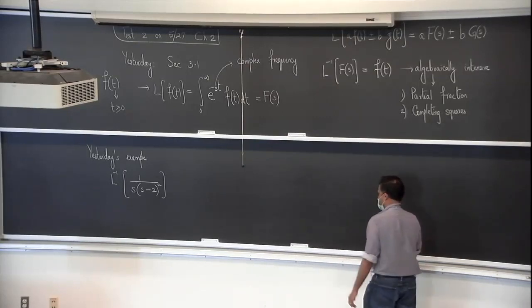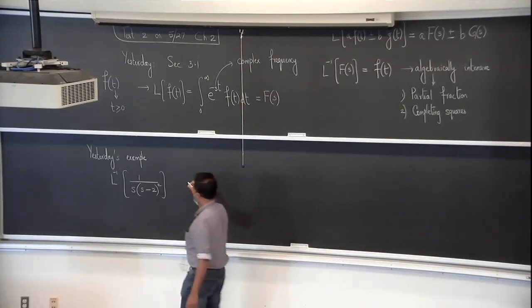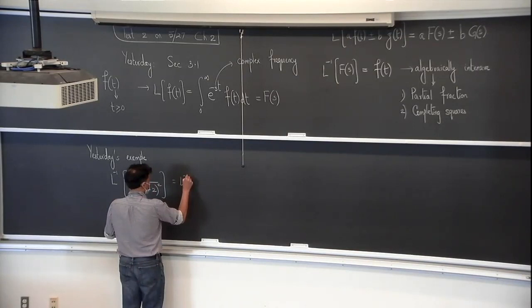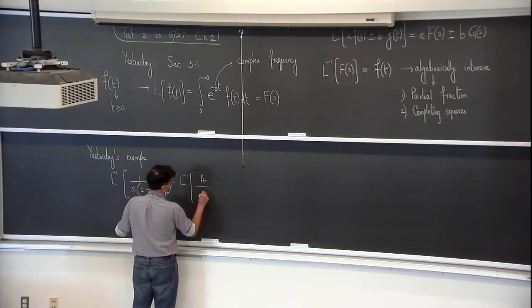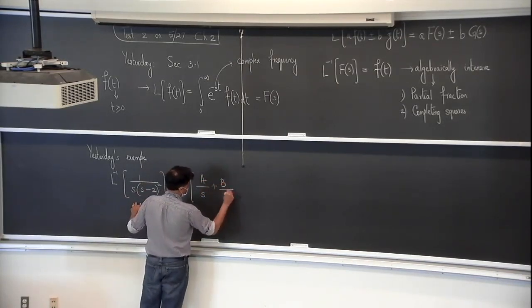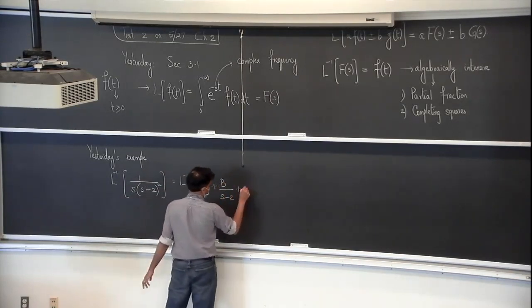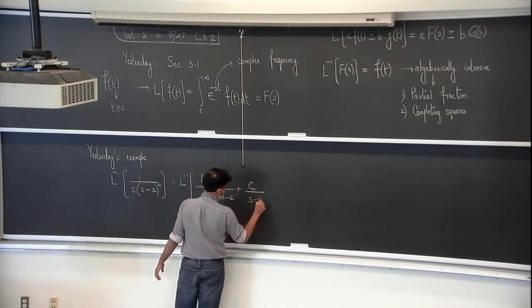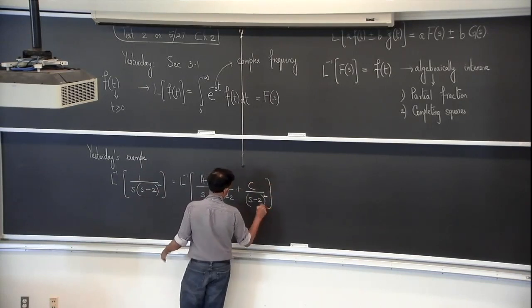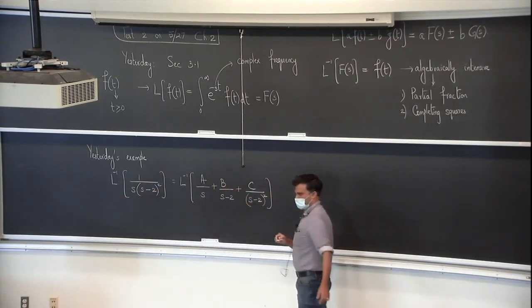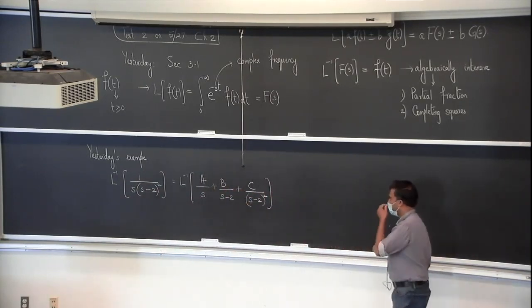You have to write one for each term, and this is going to be the Laplace inverse of a over s plus b over (s minus 2) plus c over (s minus 2) whole square. It's not really (bs plus c) over (s minus 2) whole square. It doesn't work that way.